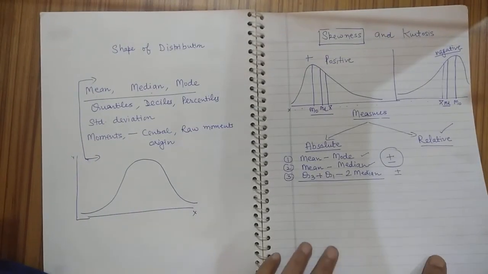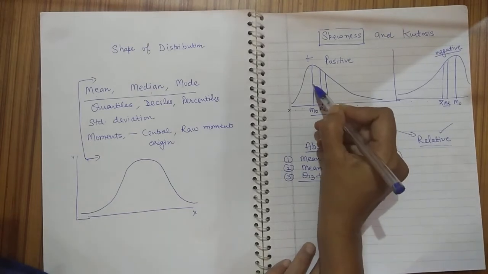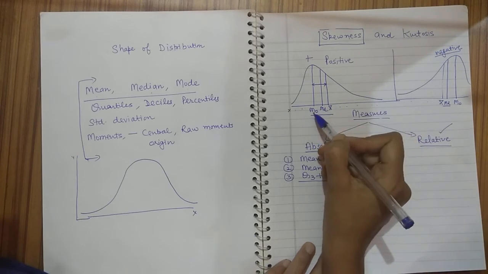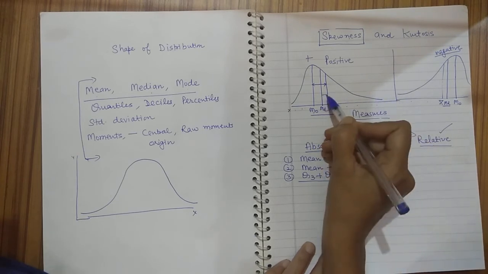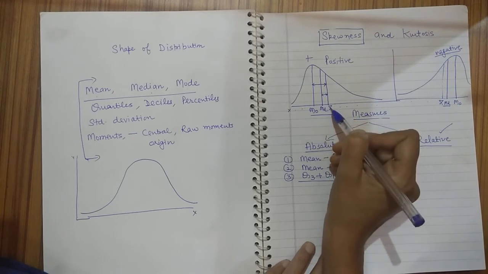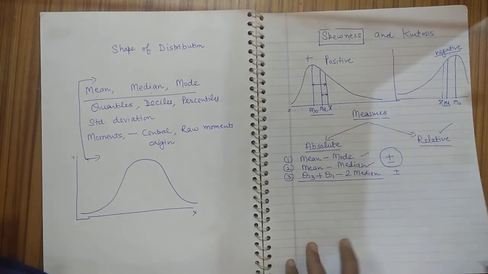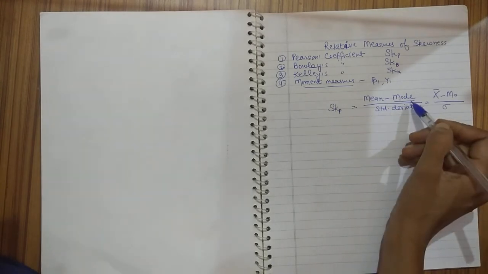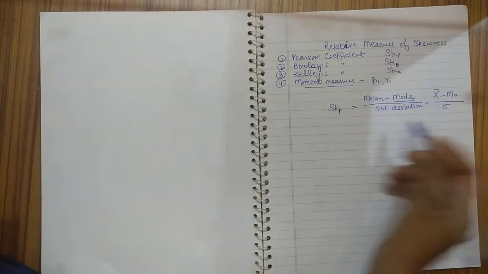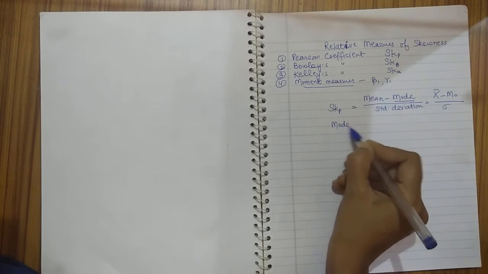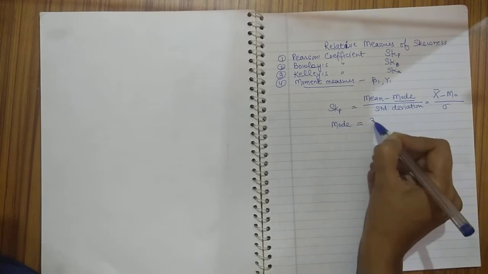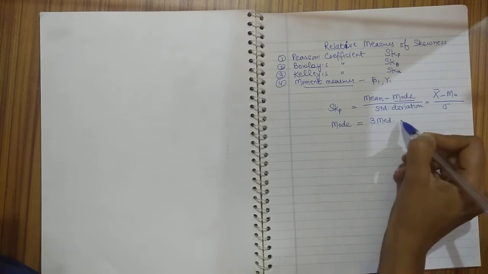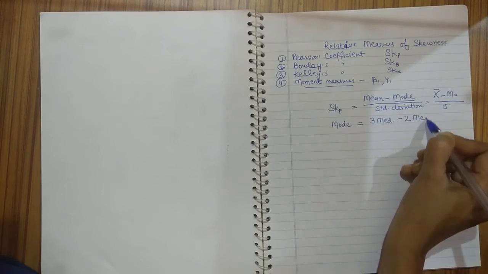That relation is that the difference between mean and mode is 3 times the difference between the value of mean and median. So mode will be 3 median minus 2 mean.